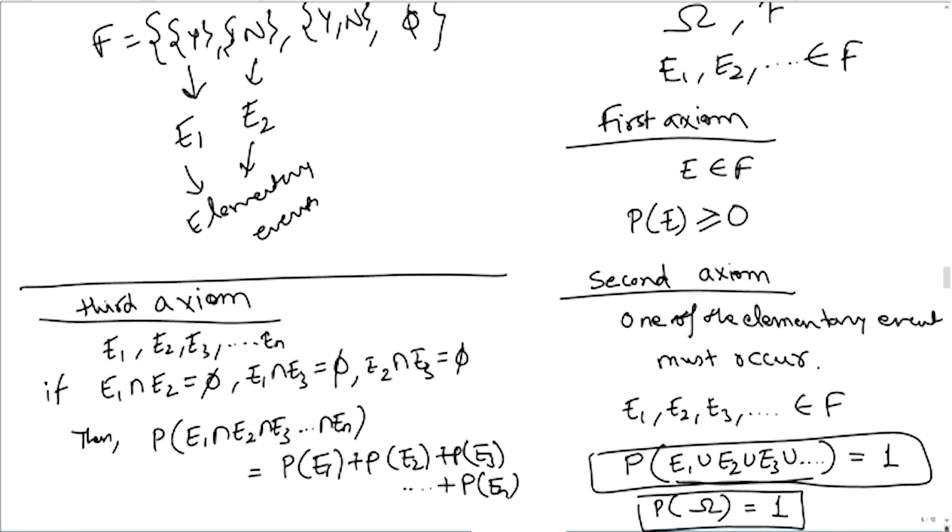Right? So, the probability of the union of mutually exclusive events is the summation of their individual probabilities. So, that is the third axiom. Okay. So, let us do one exercise.